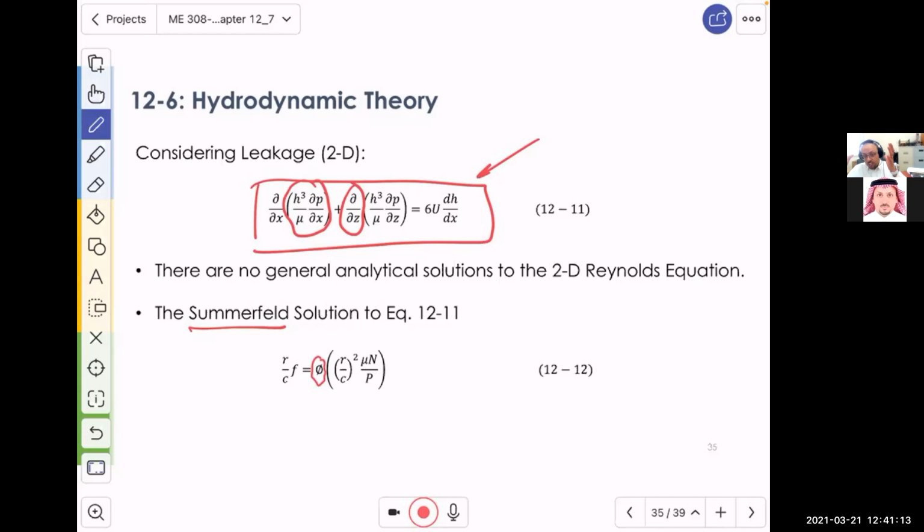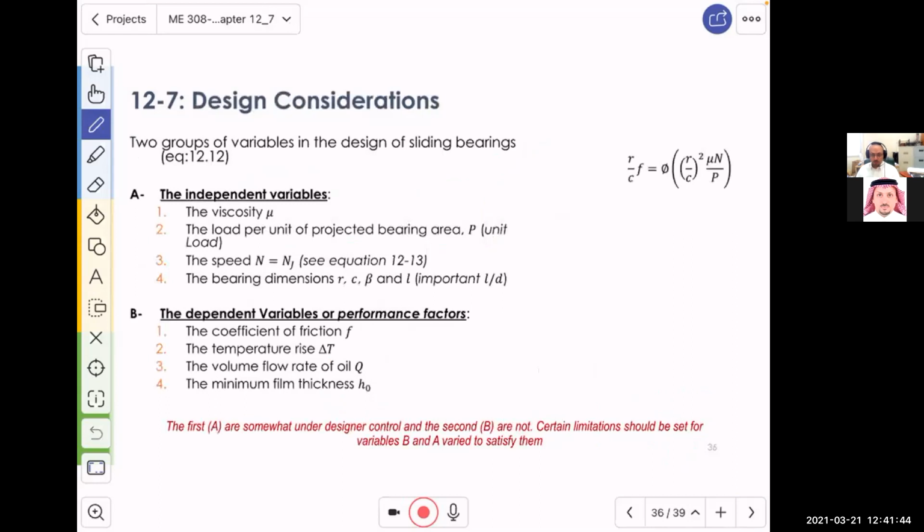So R over C is a function of this, which reminds you of S, right? Let me try to bring it back here quickly. We said that S is equal to R over C squared mu N over P. So this is actually S.